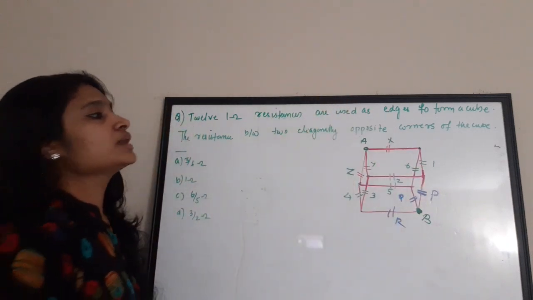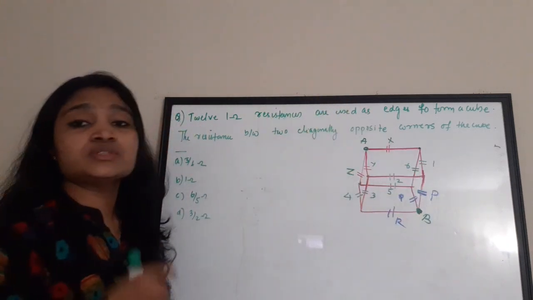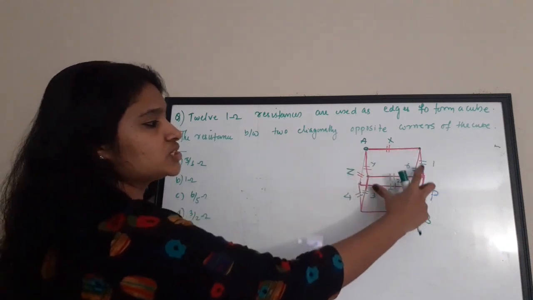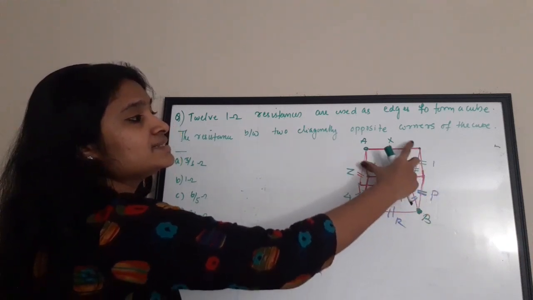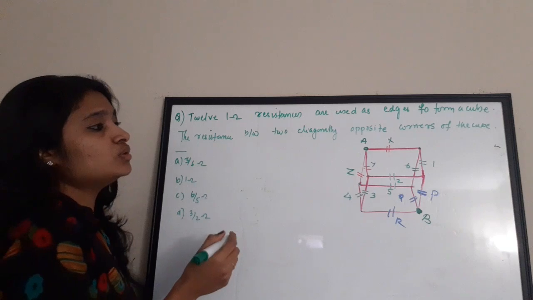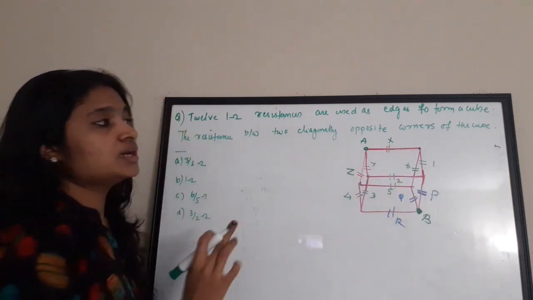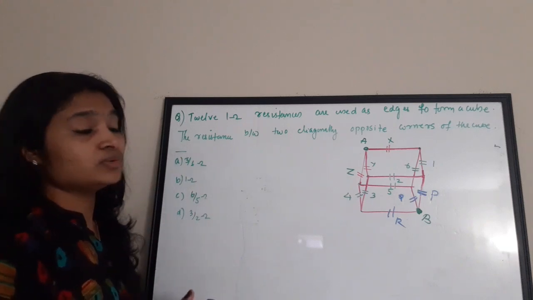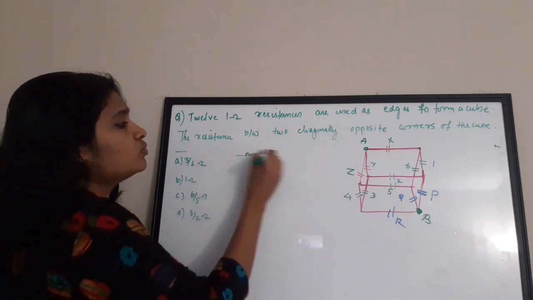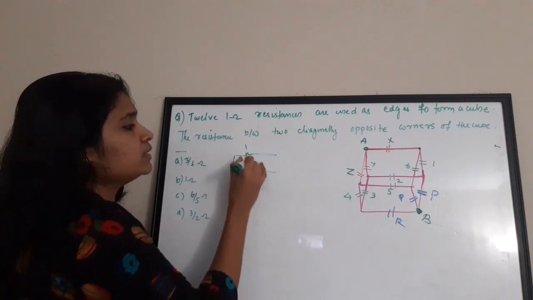Now consider the resistors 1 and 2. In which connection are they? Again, they go to the same potential point. One point is connected to this region and the other point is connected to the same potential region. So 1 and 2 are in parallel connection.